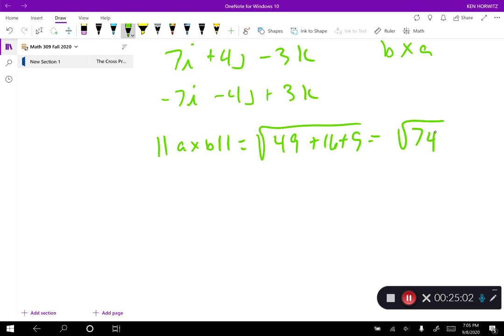Then we simply take 1 over the square root of 74, times 7i plus 4j minus 3k. The original question only asked for one unit vector orthogonal to both. And there you go. Why don't you pause the video, think about it, and when you're ready, come on back.